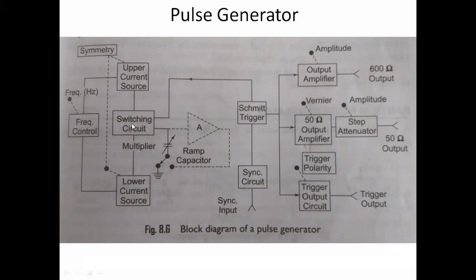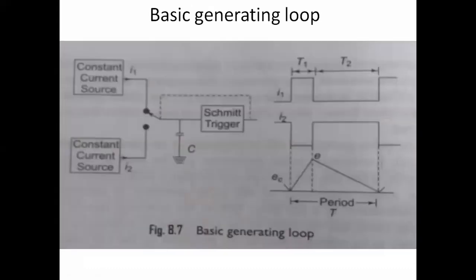Here the switching circuit is connected to the Schmitt trigger, and the upper current source is connected to the Schmitt trigger. This is the basic operation of the pulse generator.